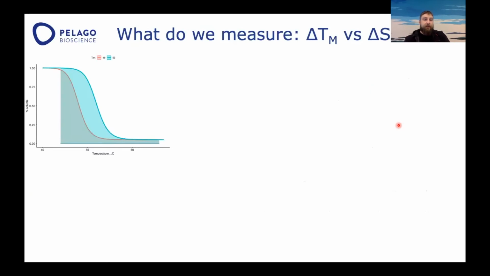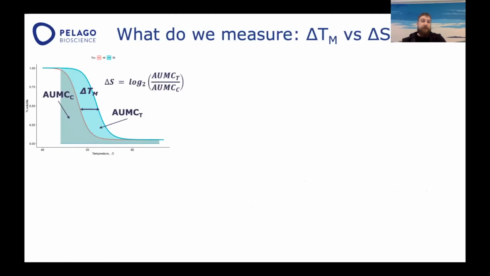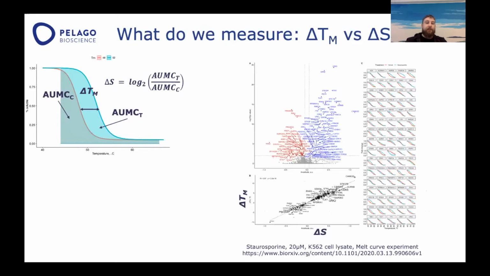These days, instead of focusing on measuring the individual protein melting curves and calculating the delta Tm to deduce the binding events, we measure directly the area under the protein melting curves. And comparing these areas under the melting curve, we can basically observe the same event of stabilization or destabilization.